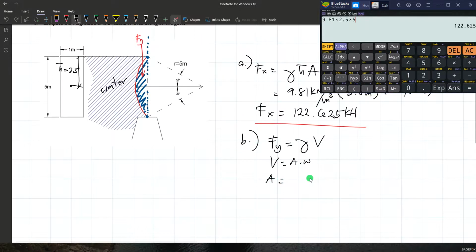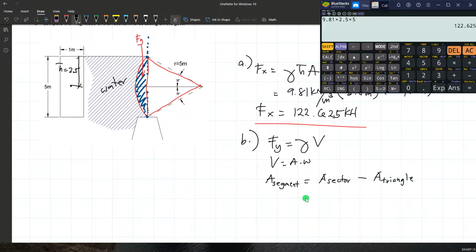For the area of the segment, we can solve that by determining first the area of this sector formed and subtracting the triangle that is also formed by the sector. So this triangle here, we subtract that from the area of the sector. What remains is the area of the segment.